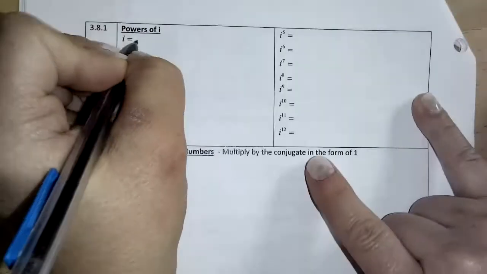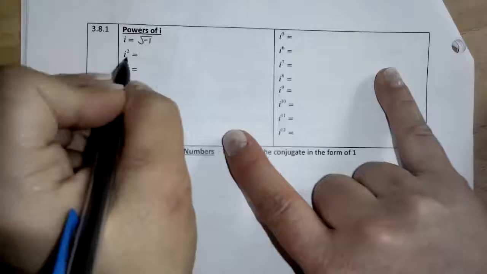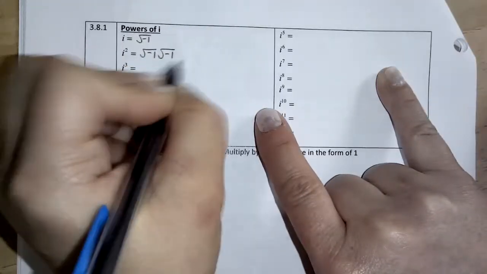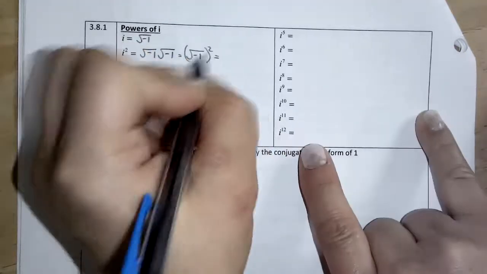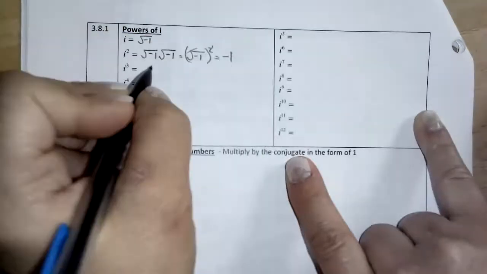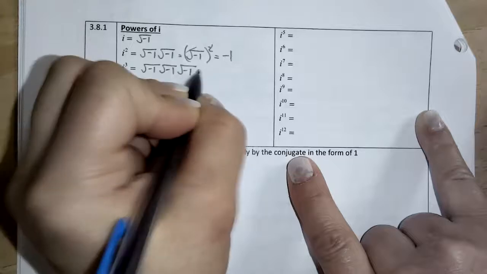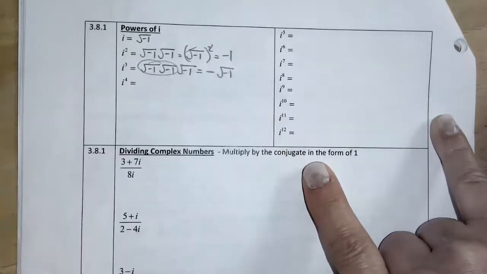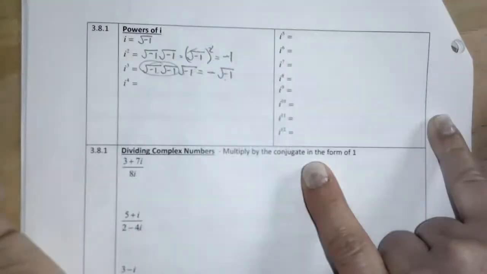So i equals the square root of negative 1. i squared is the square root of negative 1 times the square root of negative 1, or it can be written as negative 1 square root of negative 1 squared, which cancels and leaves you with negative 1. i to the third, you would do the same thing. Square root of negative 1 times square root of negative 1 times square root of negative 1. So that's going to be negative, and that's going to be the square root of negative 1. So we're doing negative 1 times the square root of negative 1.